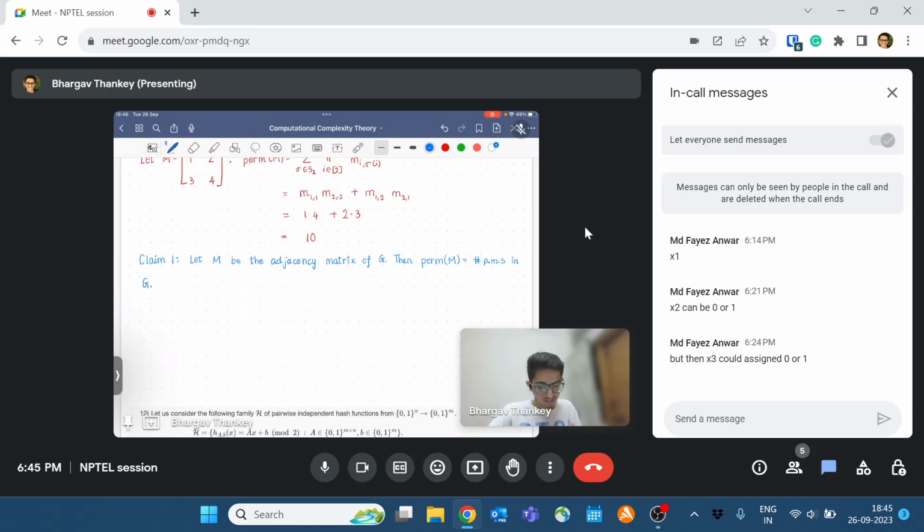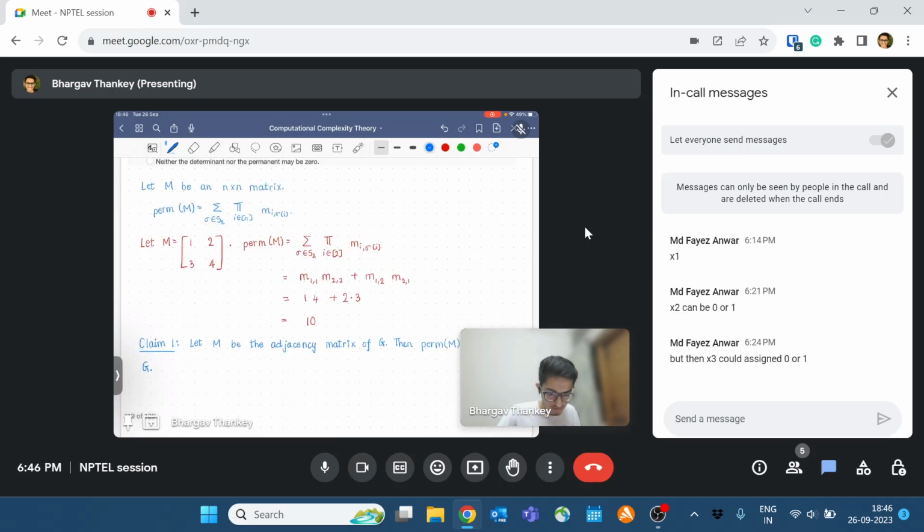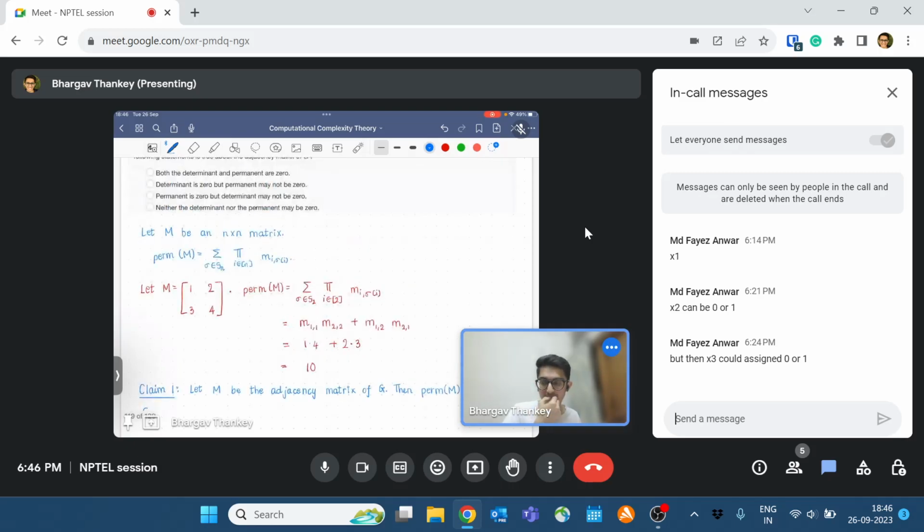Now using just this claim, can you rule out some of the options? Can you please scroll down a bit where the claim is written? Yeah, this. And these are the options, and our graph has no perfect matchings.